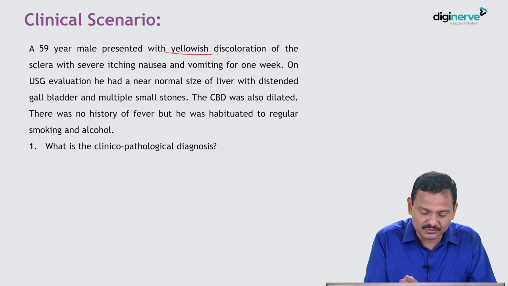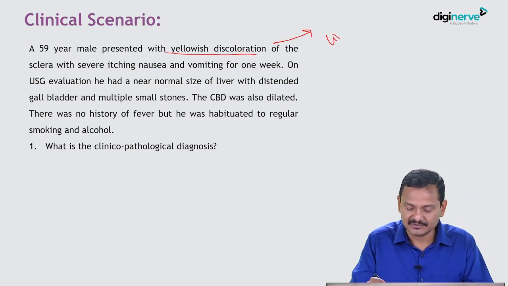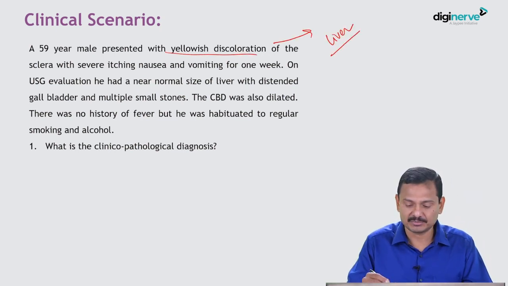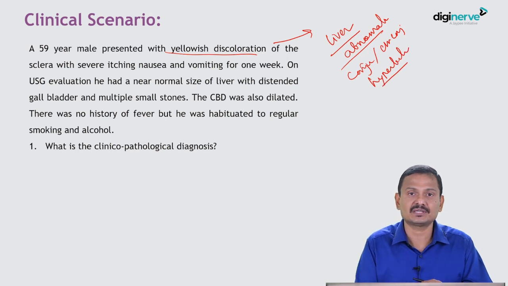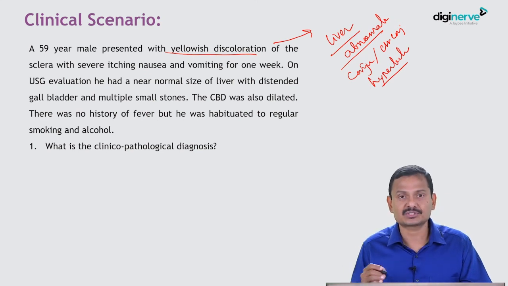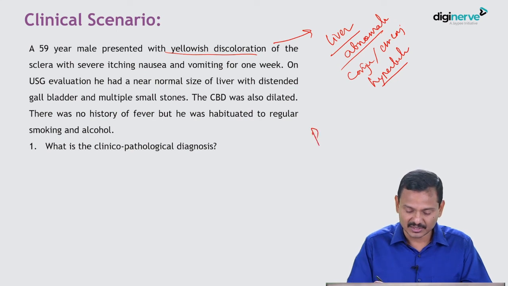Because he has history of jaundice, so he has a liver, or you can say pancreaticobiliary abnormality. Now we have to see whether it is conjugated or unconjugated hyperbilirubinemia. Okay, so here the bilirubin amount presented to liver is normal. Here the liver is functioning normally, but because there is an obstruction which is after the metabolism or secretion, that is called post hepatic jaundice.